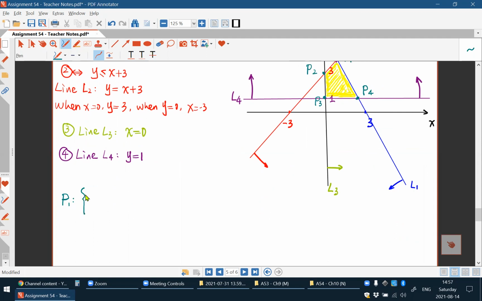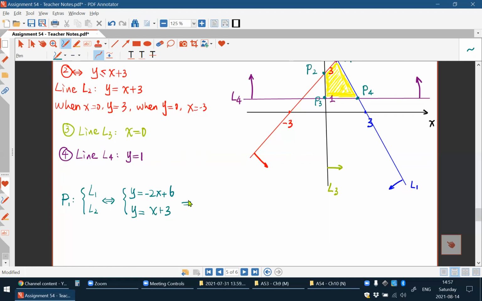P1 is the intersection point between L1 and L2. In order to find its coordinates, we need to combine the equations of L1 and L2, which means y equals minus 2x plus 6 and y equals x plus 3, right?